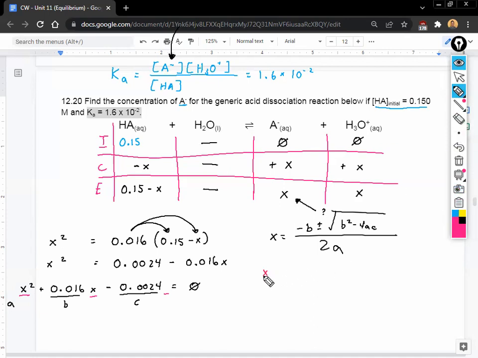So x is equal to negative b, which is the value in front of x, so it's going to be negative 0.016, plus or minus the square root of b, which is 0.016, squared, minus 4 times a, which is 1 because there's nothing in front of x squared, times c, which is negative 0.0024. And then that's all over 2a, which is 2 times 1.